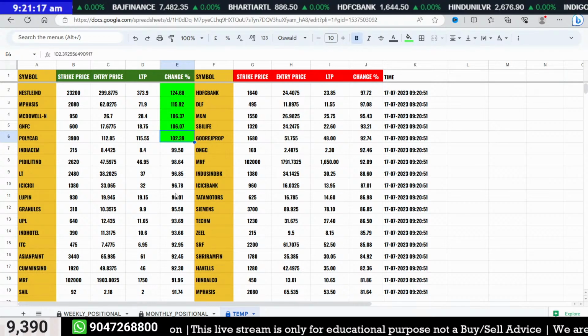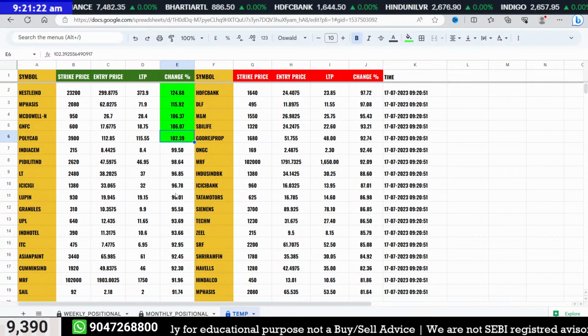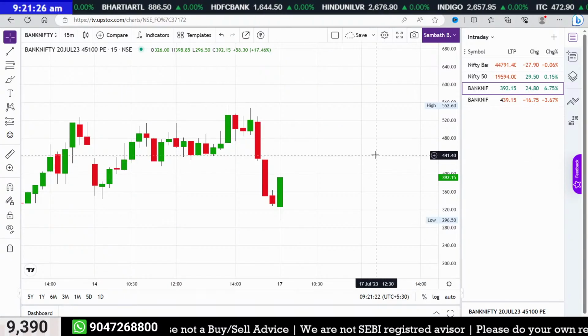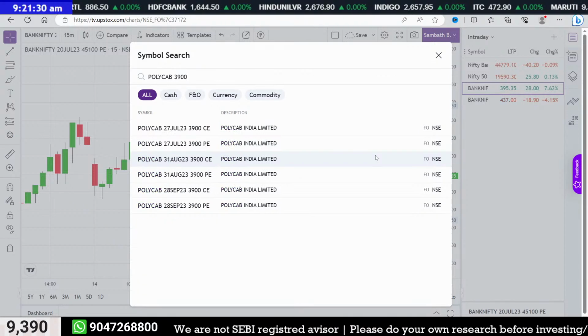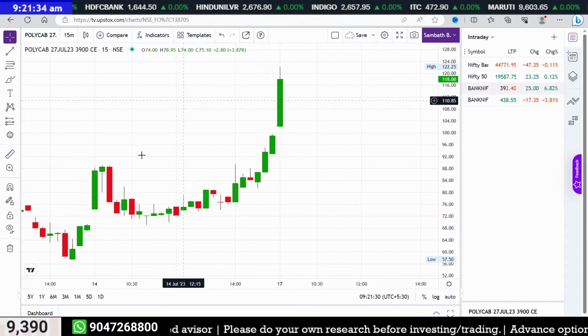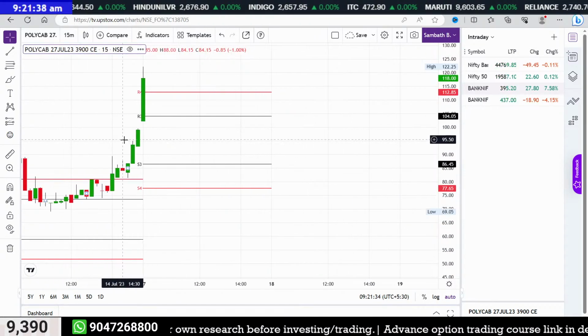DLF, HDFC Bank, M&M, so we can focus only on quality and liquid stocks based on this. Polycab 3900. Oh, that should be a big positive gap up.